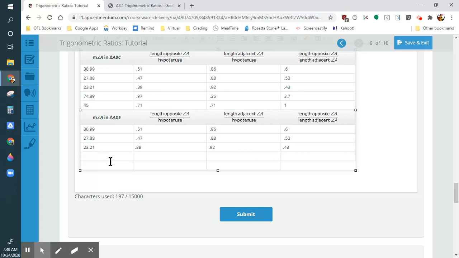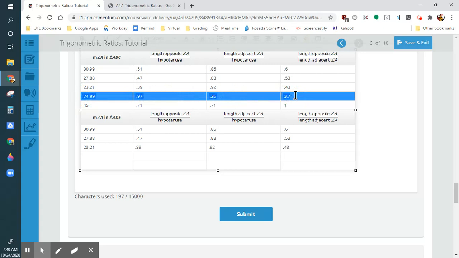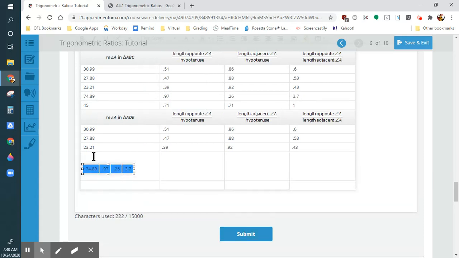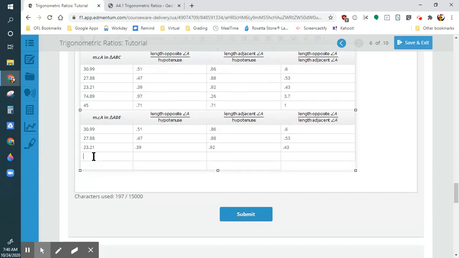So let me do these. I really wish we would be able to copy and paste these, but I have a feeling if I did this, it's not going to like it. Yeah, it creates the table inside the table situation. I'm going to go here, 0.97. 7.